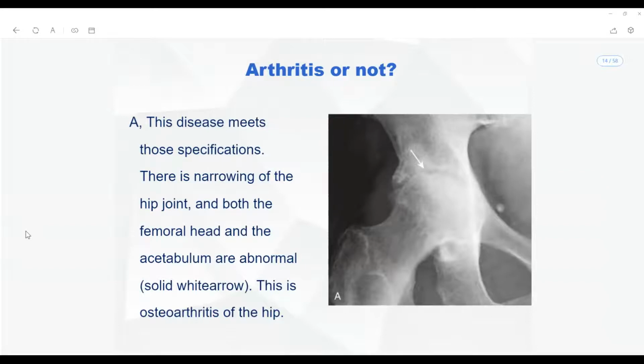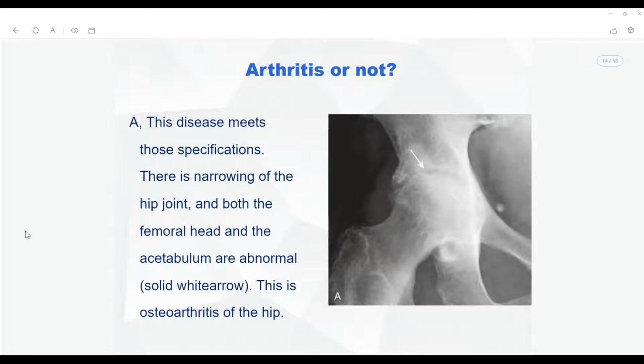Well, it can also happen as an acute condition too, but most of the time arthritis is mentioned as a chronic condition, right? And the disease has to meet the specifications that the bones involved in the joint should be affected, and at the same point of time there should be a narrowing of the joint space.